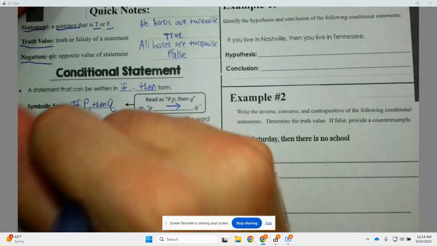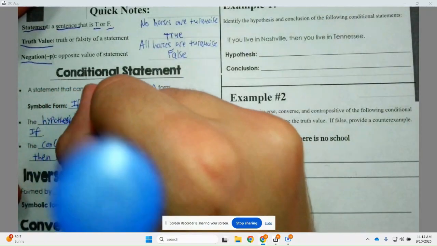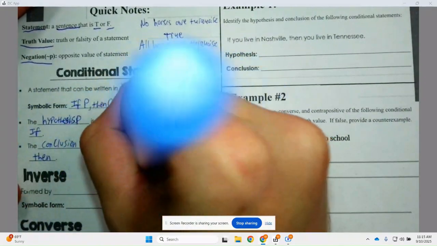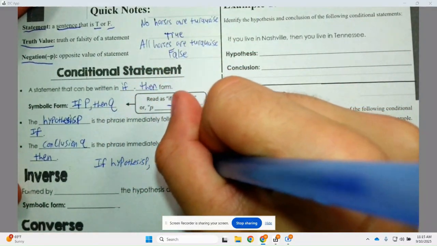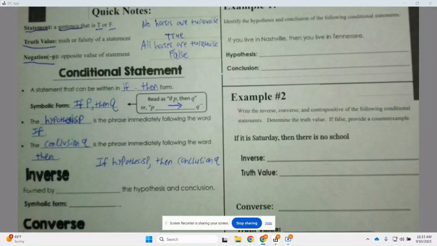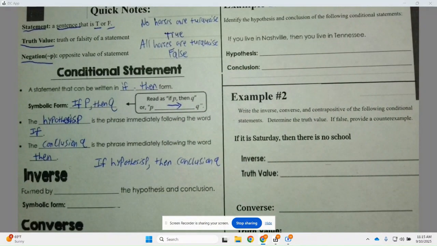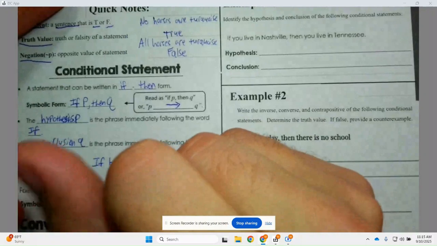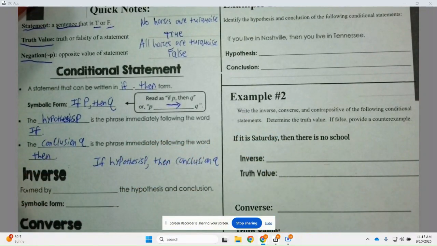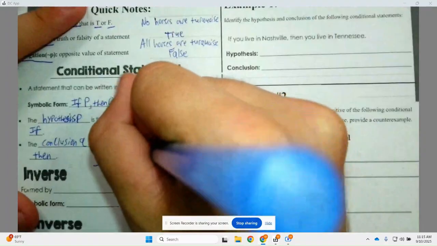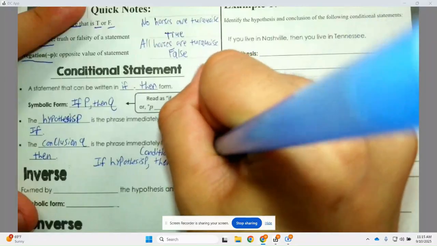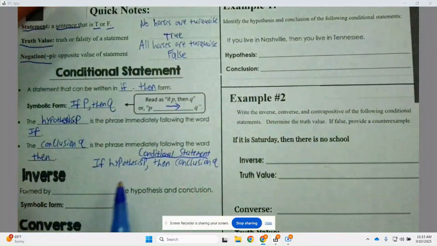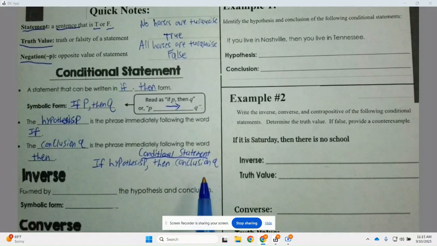So, in other words, if hypothesis P, then conclusion Q. Our hypothesis implies our conclusion. This is called a conditional statement, because you need to have the conditions of P to make Q happen.